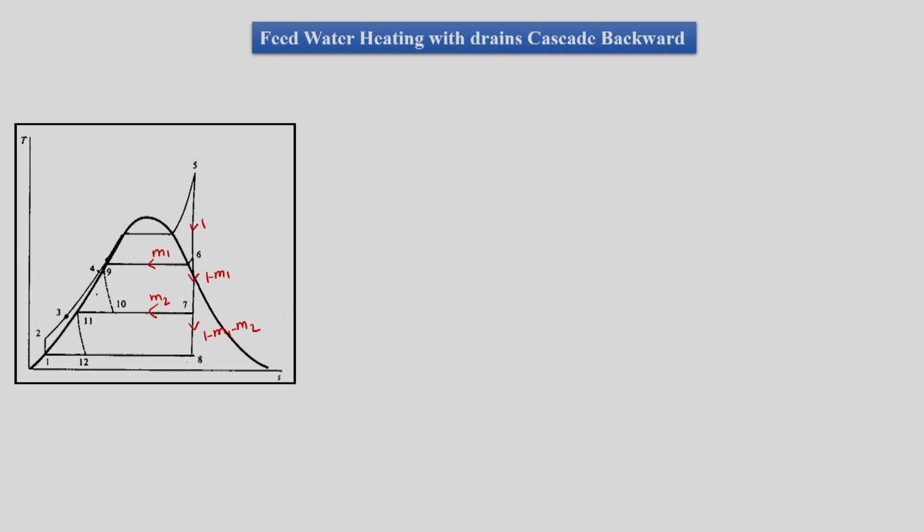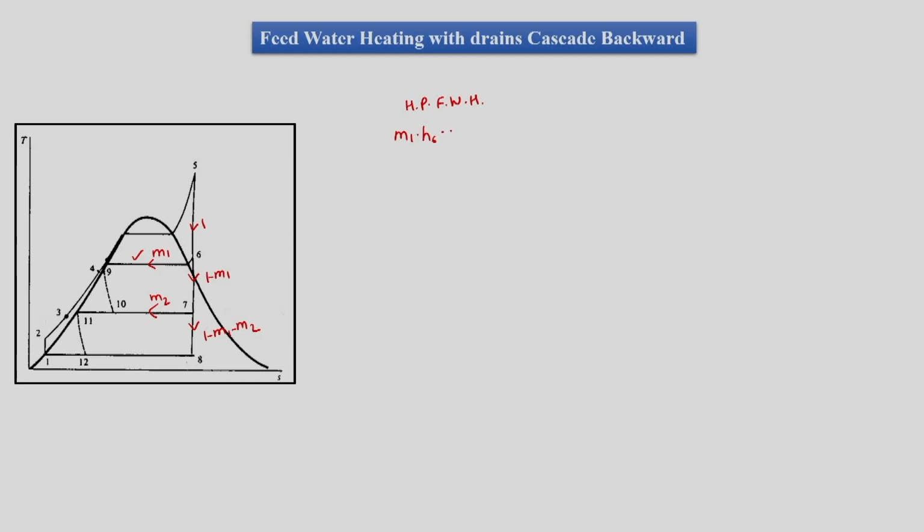So, first we will write for the high pressure feed water heater, which is this. For this we are having m1 mass at H6 enthalpy.